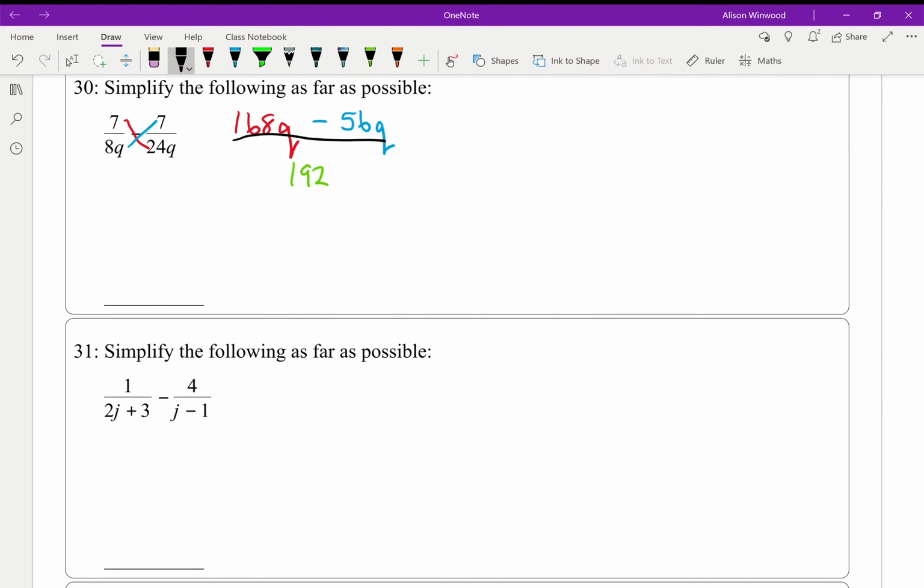Then I can do the subtraction. 168 subtract 56 is 112. Oh, sorry, that should have been q squared, over 192q squared. Q's cancel, and 112 over 192 simplifies to 7 over 12. So I get 7 over 12q.